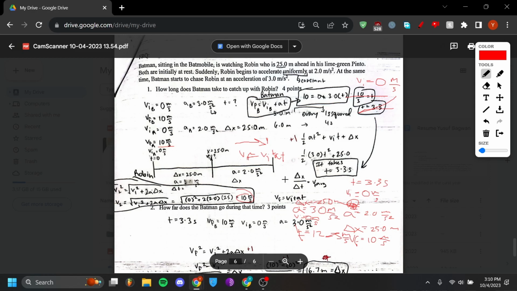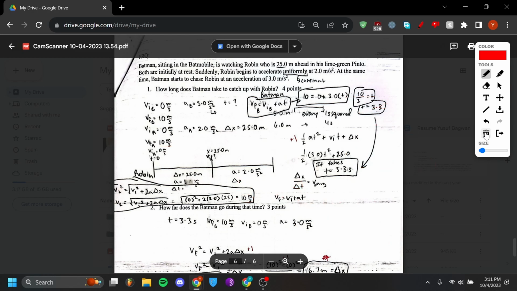That's just stupid. I don't know why I thought that. That cancels out. Acceleration, which is 3.0, times T, we don't know time, equals 12.47 divided by 3, which is 4.16 seconds. That's how long it'll take Batman to reach Robin.